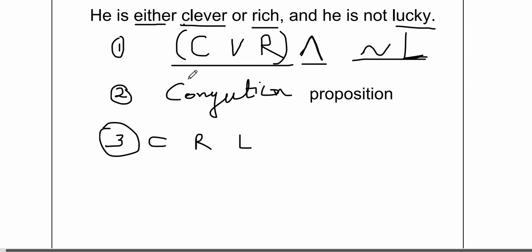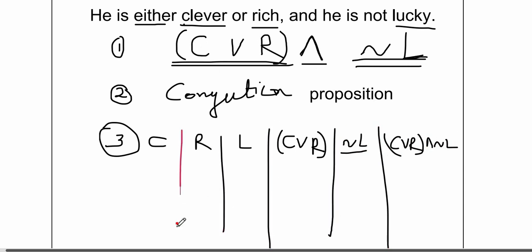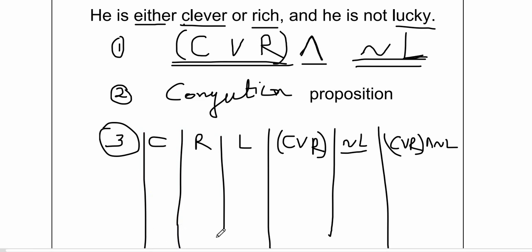Then we first solve C or R, the disjunction of C and R. We also solve the negation of L. Then we solve the entire statement, C or R and not L. So we'll have to create 1, 2, 3, 4, 5 and 6 columns.